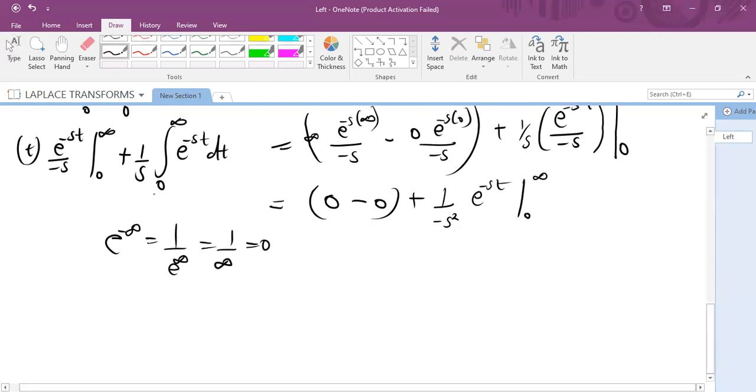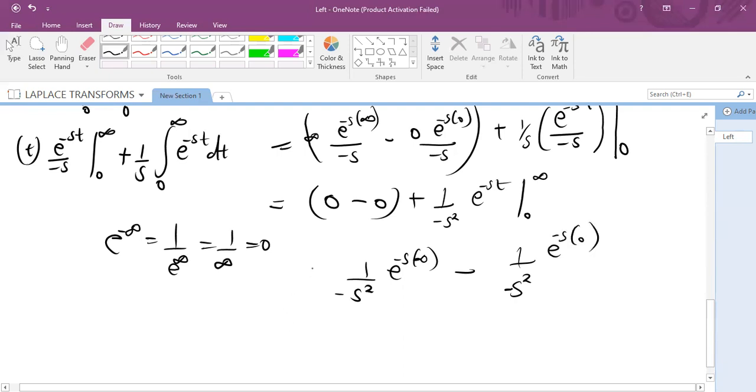So replacing infinity, we will have 1 over minus s squared, then exponential minus s, then infinity, minus, replacing 0, I'll have 1 over s squared, so minus, and then exponential minus s0.